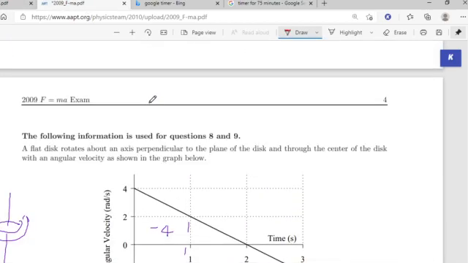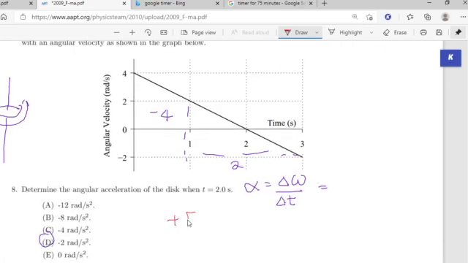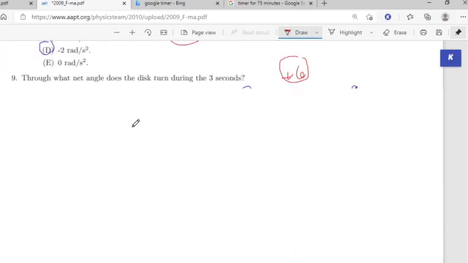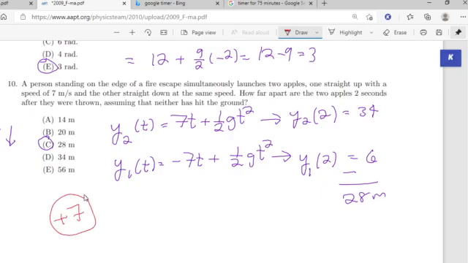So I have 4 right. Okay, so this is +5, this is +6, and this is +7.